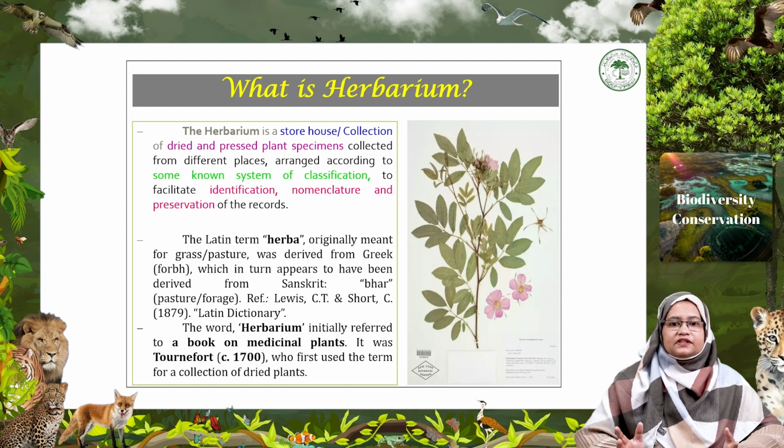So basically, as we have seen, a herbarium is a dried collection of plants, as you can see in this image, in which all the parts of the plant are preserved very systematically, so we can easily identify or study them when needed.